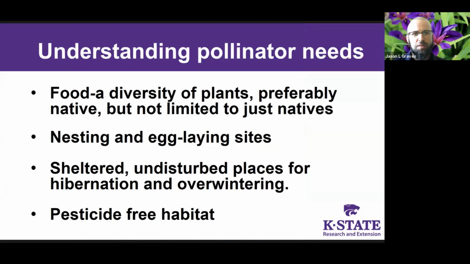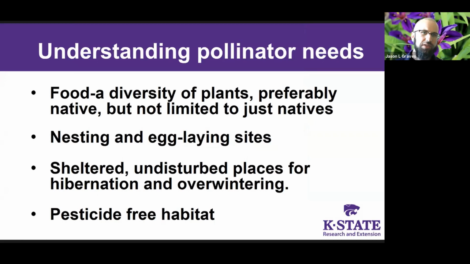So we need to understand pollinator needs. For simplicity, I've just broken these down into 4 key things. Obviously, food. We understand generally that a diversity of plants, think back to the previous slide, we talked about biodiversity.